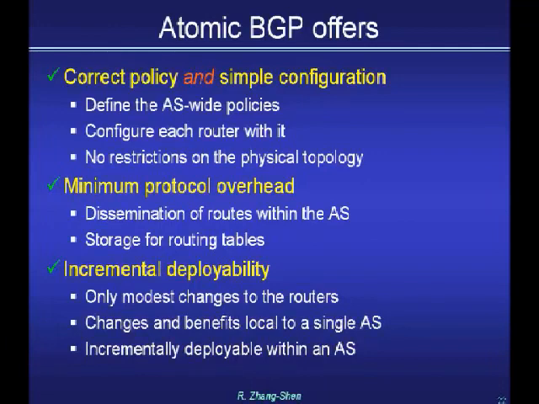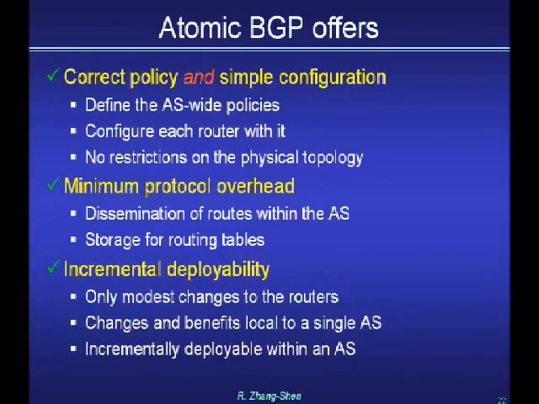So what you need to do is define an AS-wide policy, similar to before. And then there can be some automatic tool to generate the configuration for each router, and you just configure each router with the policy of the AS. So I say it's simpler because now all the routers can be pretty much configured the same way.